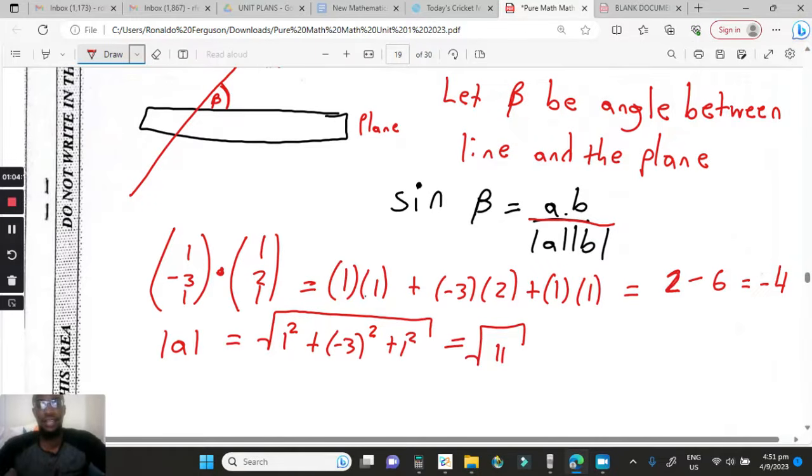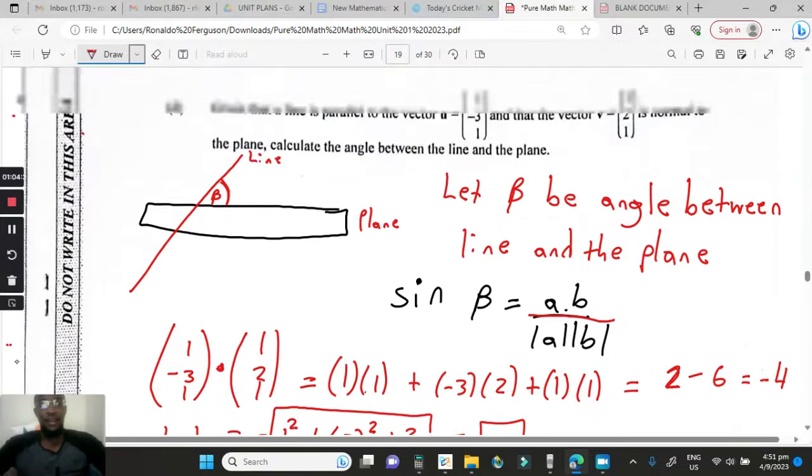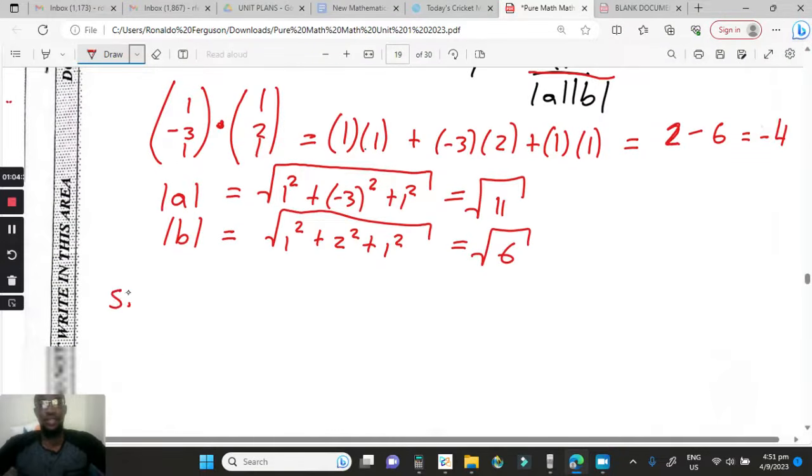I'll leave it at that. Magnitude of B is square root of 1 squared plus 2 squared plus 1 squared, and that is 4 and 1, 5, and 1 is 6. Square root 6.